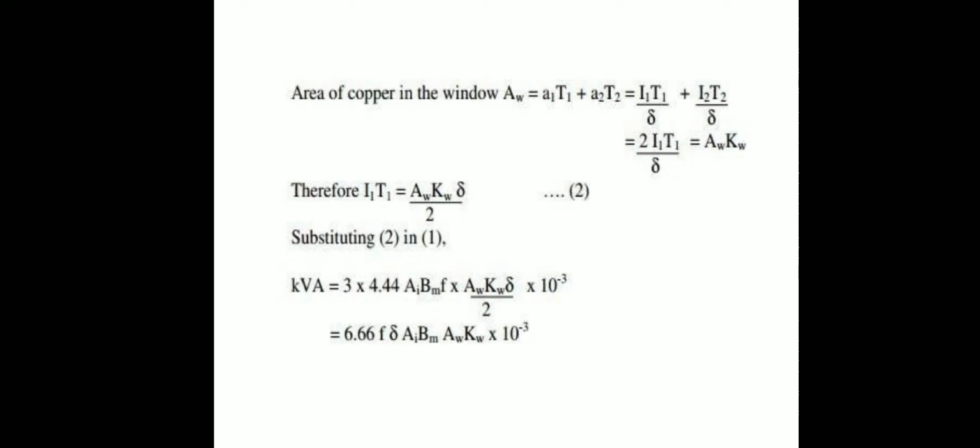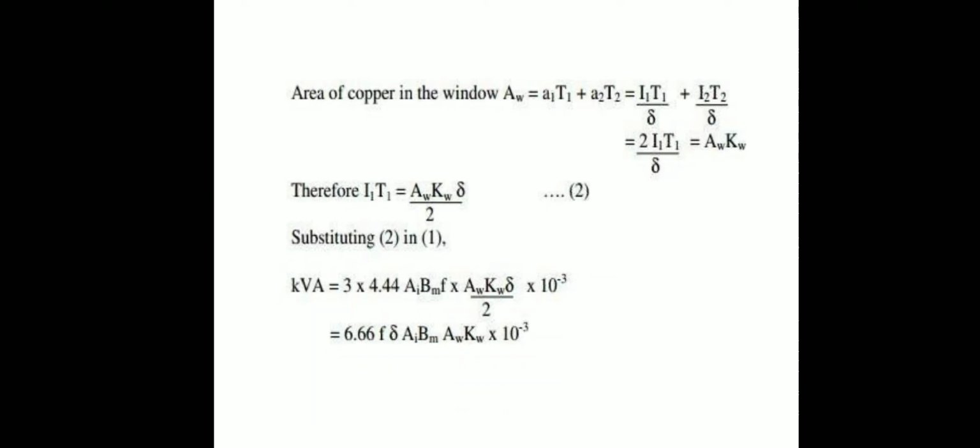You will get kVA is equal to 6.66 F delta AIBM AW KW into 10 to the power minus 3, as written on the current page. This was all about the design specifications and design of the transformer, including main dimensions of the transformer.